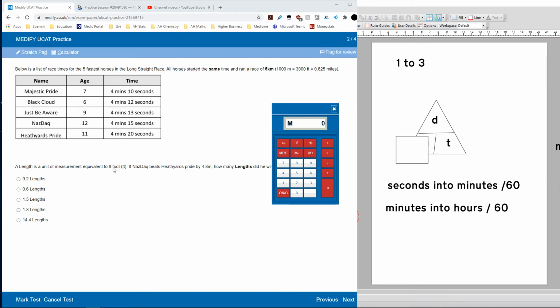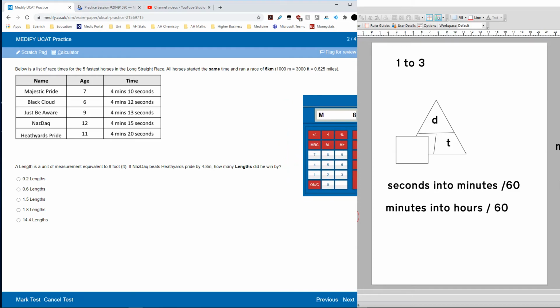Now, if we divide this by 3, we'll get the amount of meters we've got. So 8 divided by 3, that's 2.66 meters in the length. Okay, now I do 4.8 divided by this. Okay, so 4.8 divided by 2.6666, 1.8 lengths. That's just done with that bit.